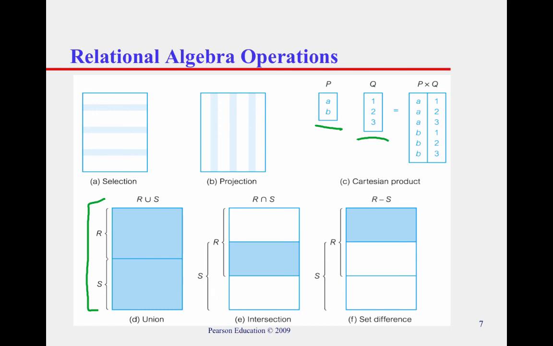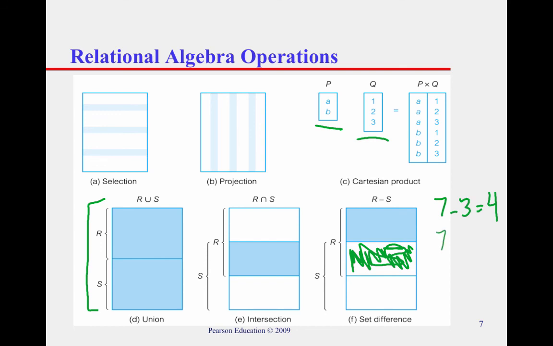And set difference is the ones that you get when you, in effect, subtract off, in this case, R minus S. In effect, you subtract away the tuples that are in S, leaving only the tuples that are unique to R. Or another way of saying it, set difference is the set of tuples in R which are not in S. Subtraction is just like regular, if I said 7 minus 3 equals 4, same thing.